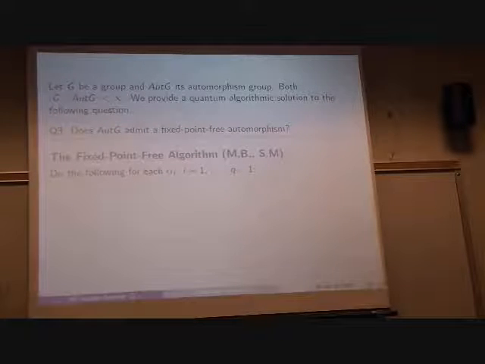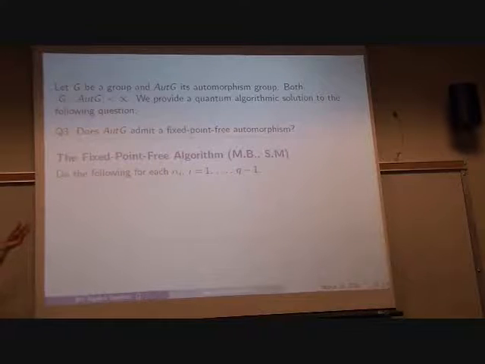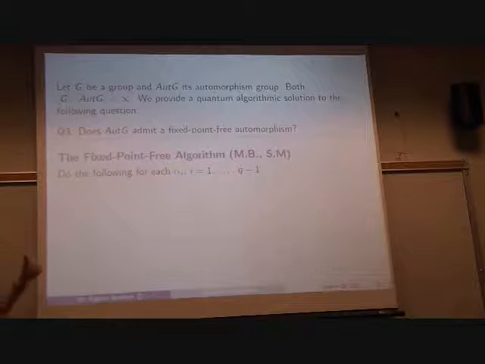And so now remember before we were fixing our group element and we were asking, does there exist an automorphism for which it's a fixed point, meaning that fixes it? Now instead of searching the automorphisms, we're considering each automorphism and we're working from there.